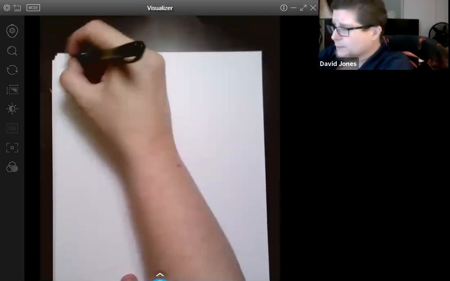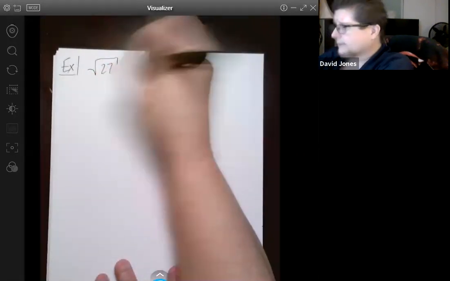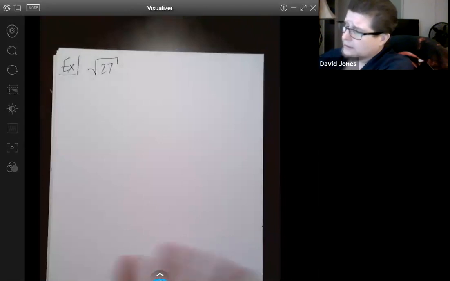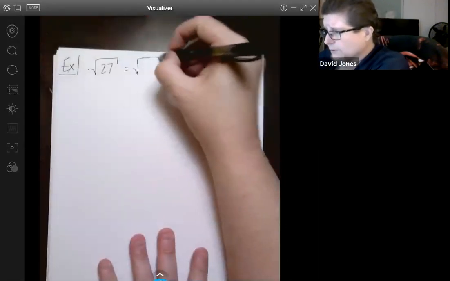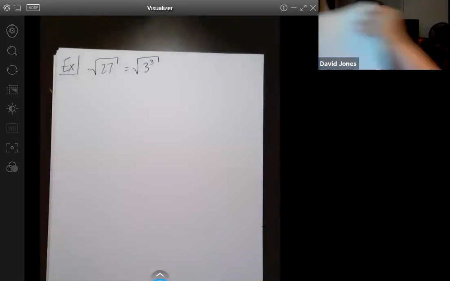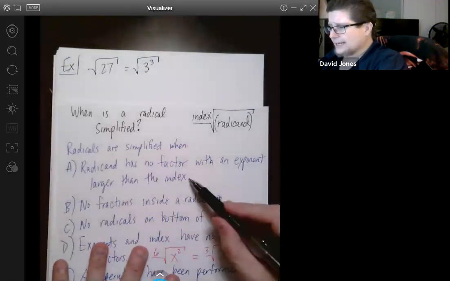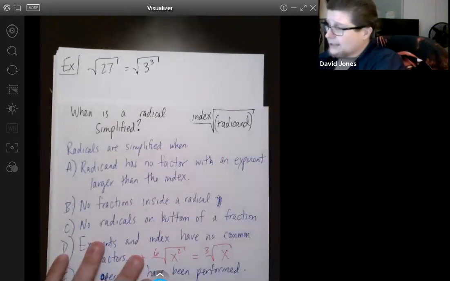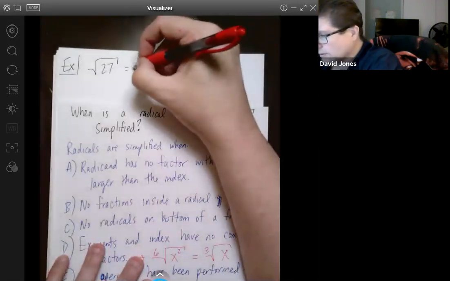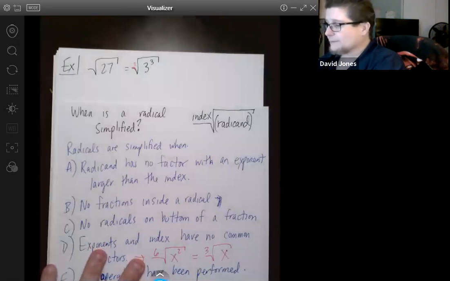So let's do an example. Several examples. Let's look at the square root of 27. This is the square root of 3 cubed. And what was the first rule? The exponent can't be larger than the index. The index here is a 2. The exponent is larger than the index, so this is not simplified.